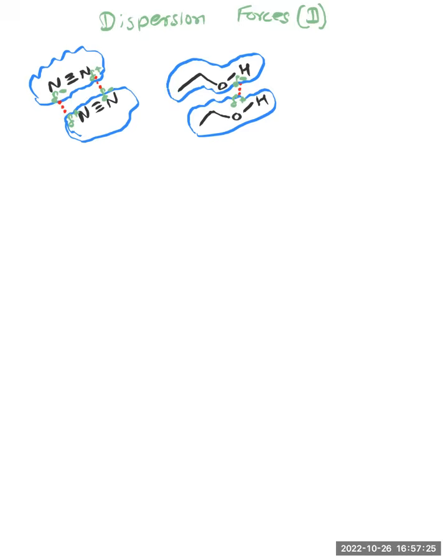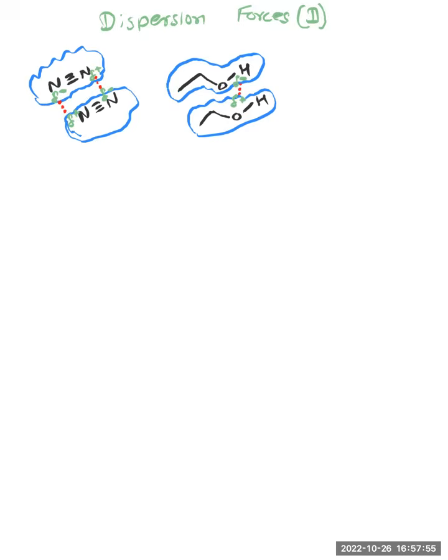Now, I already mentioned that the only requirement for us to have dispersion forces is induced partial charges. And how do we get induced partial charges? By polarizing the electron cloud, or by perturbing the electron cloud. Now, one thing we want to define, roughly, is polarizability, because that is the important factor when it comes to dispersion forces.